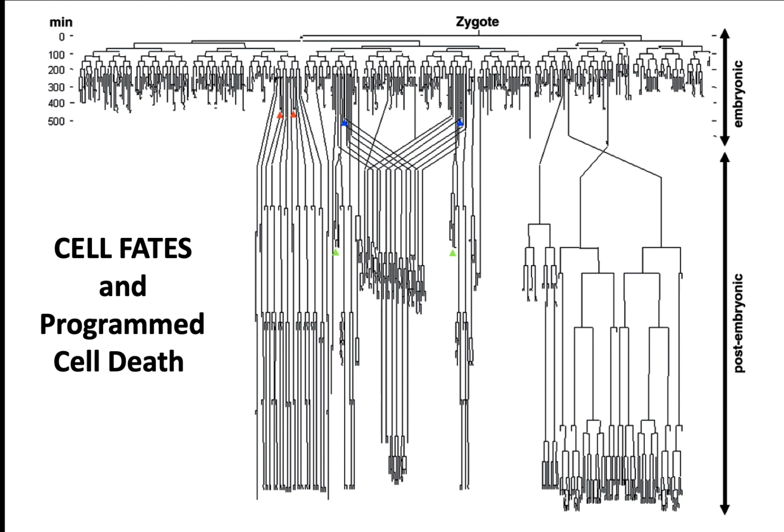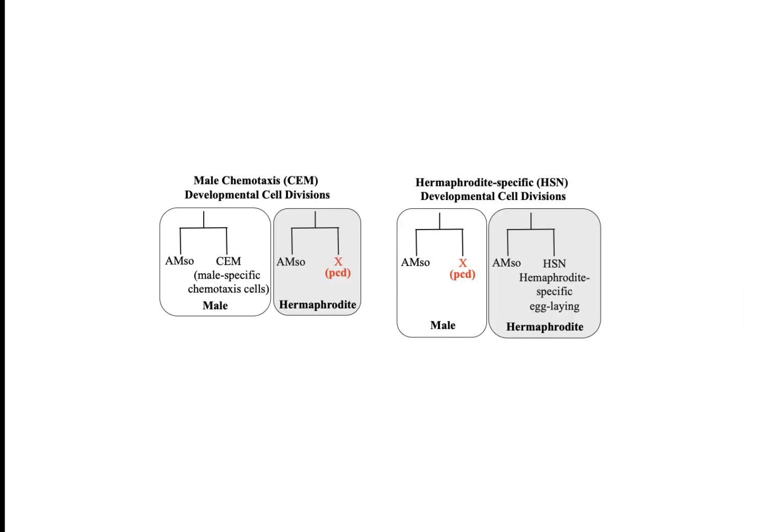And this was then termed programmed cell death, or apoptosis, for the cells that would die normally during a developmental process. You can see this in the diagram, in that in some of the cell divisions you have red, blue, and green arrows indicating cells that are destined to die during that developmental process.